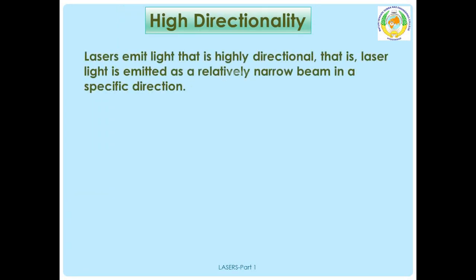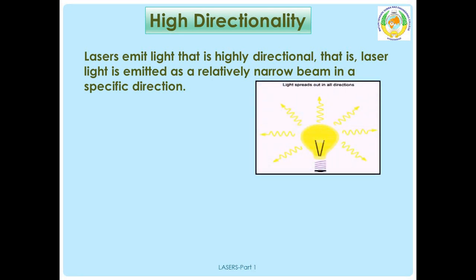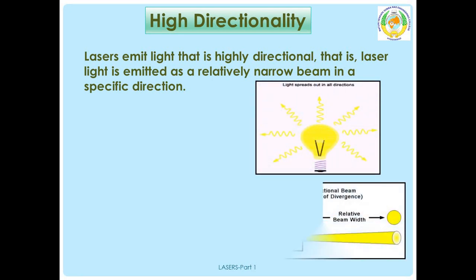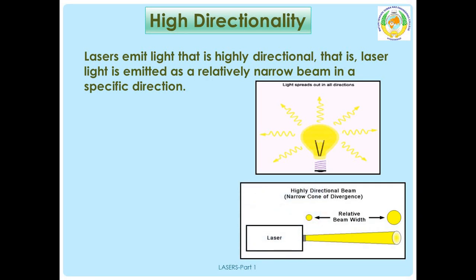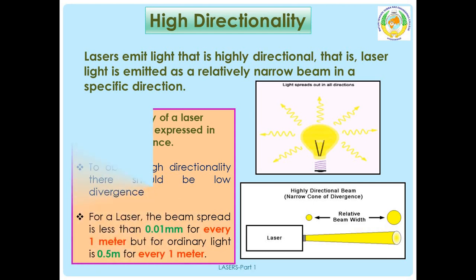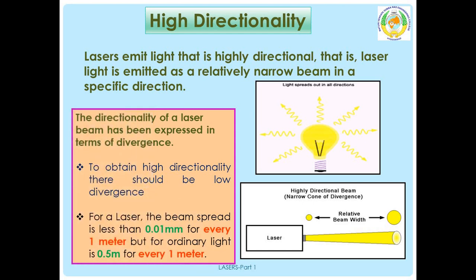Then the second one, we talk about the directionality of laser. Lasers emit light which is highly directional as compared to ordinary light. It is emitted as a relatively narrow beam in a specific direction. Now let us look at the two pictures. If I take an ordinary bulb, as shown in the first figure, the light spreads out in all directions.